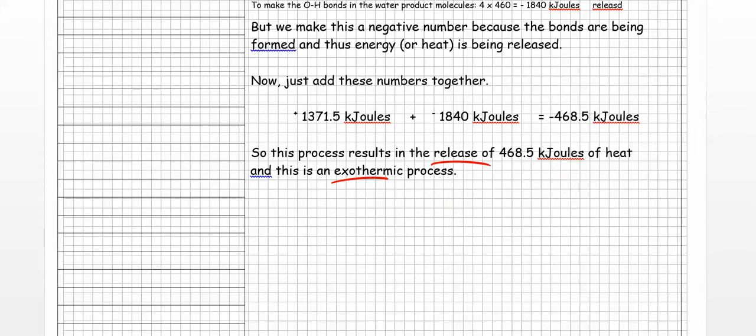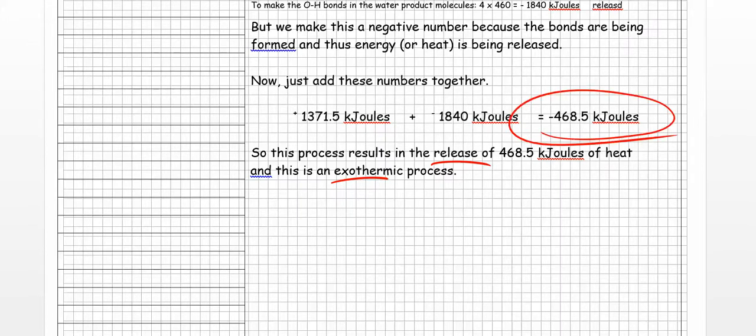Remember, on the left-hand side, bonds are being broken. That means that the energies associated with those are positive. But on the right-hand side, bonds are being made. That means energy is being released. Those bond energies are negative. We simply take the reactants' energies and the products' energies, add those together, and it gives us the total delta H for the reaction. Again, in this case, it was a negative.